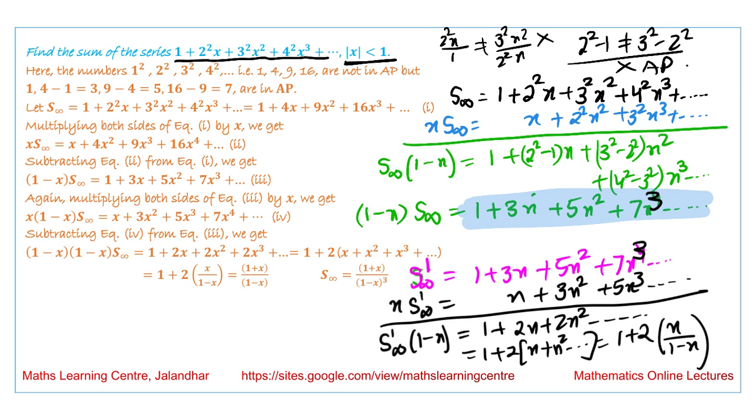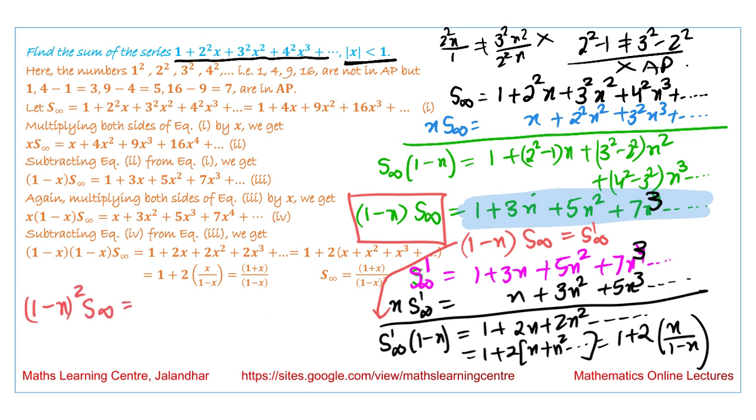So what we are getting from this is that (1 − x) S infinity is equal to S dash infinity. So we substitute this value over here. We obtain (1 − x)² S infinity is equal to, when you solve this term, 1 − x + 2x over 1 − x.